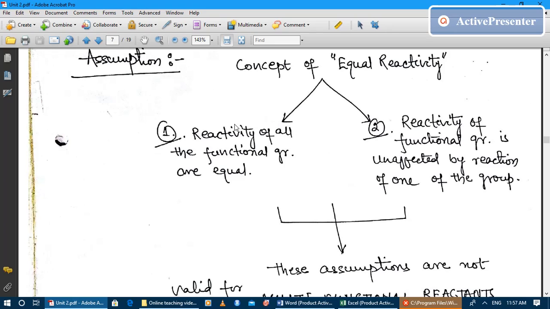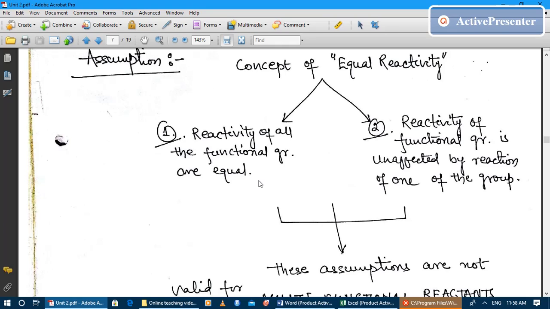However, the actual reactivity of functional groups depends upon the type of functional group. Okay, and they may differ from each other, but for simplicity or for derivation purposes, it has been considered that the reactivity of all the functional groups is the same and equal.